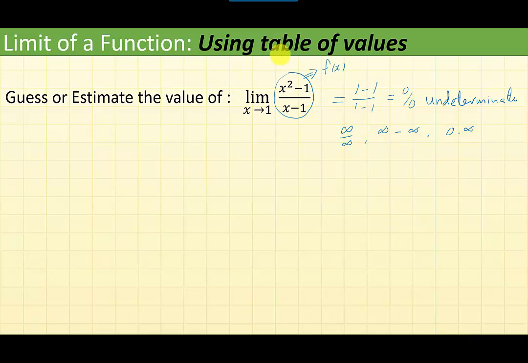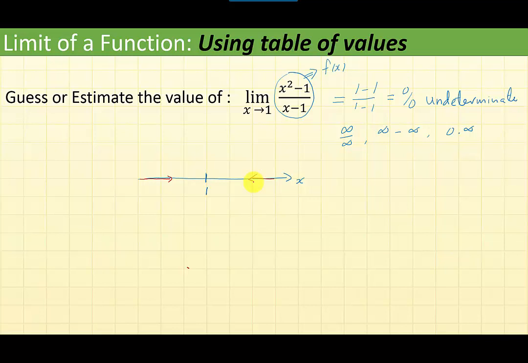Now, the idea over here is x approaches 1 from both sides of 1, meaning x approaches 1 from the values below 1 and from the values above 1.